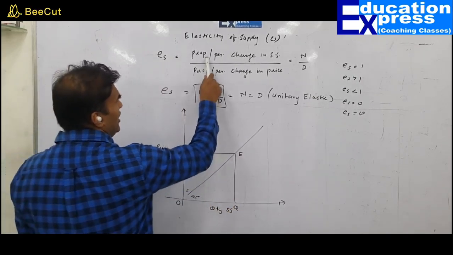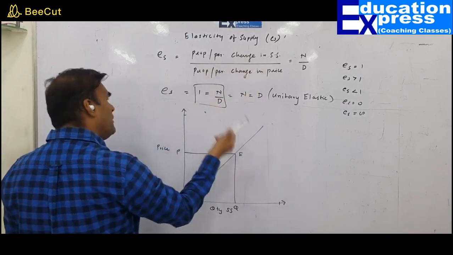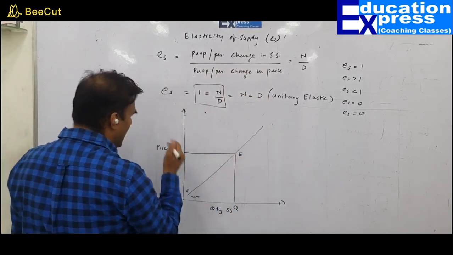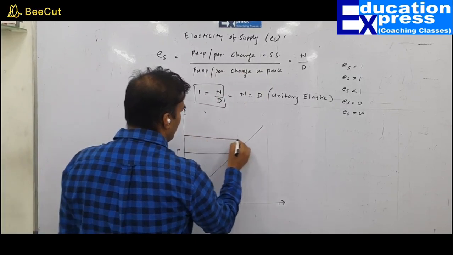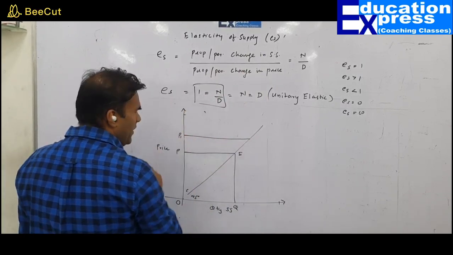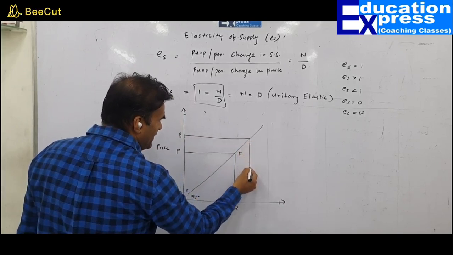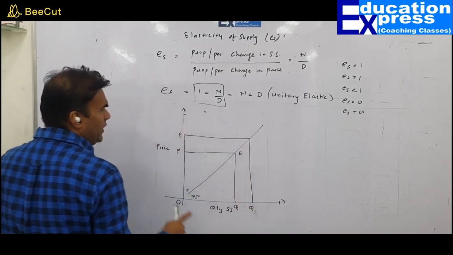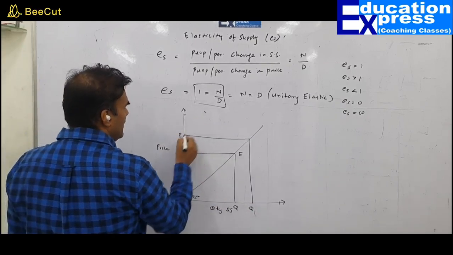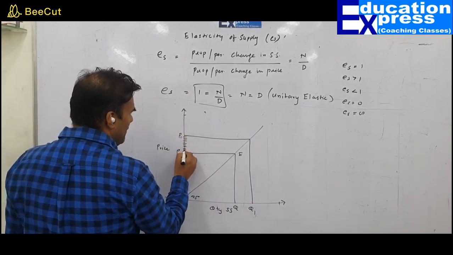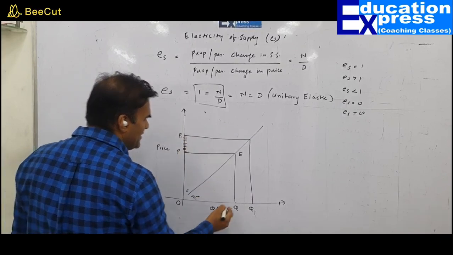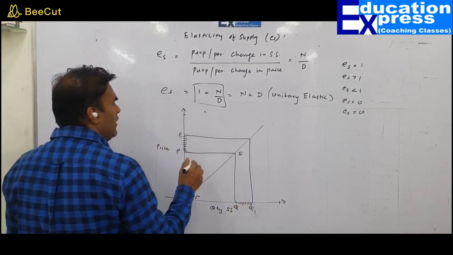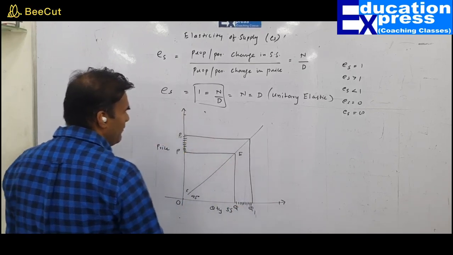As you know, the change in supply should be equal to the change in price. You can go ahead and change the price. Price goes up to OP1. What about supply? Supply also rises to Q1. Here, if you notice this distance, the proportionate change in price and proportionate change in quantity supplied will always be the same.